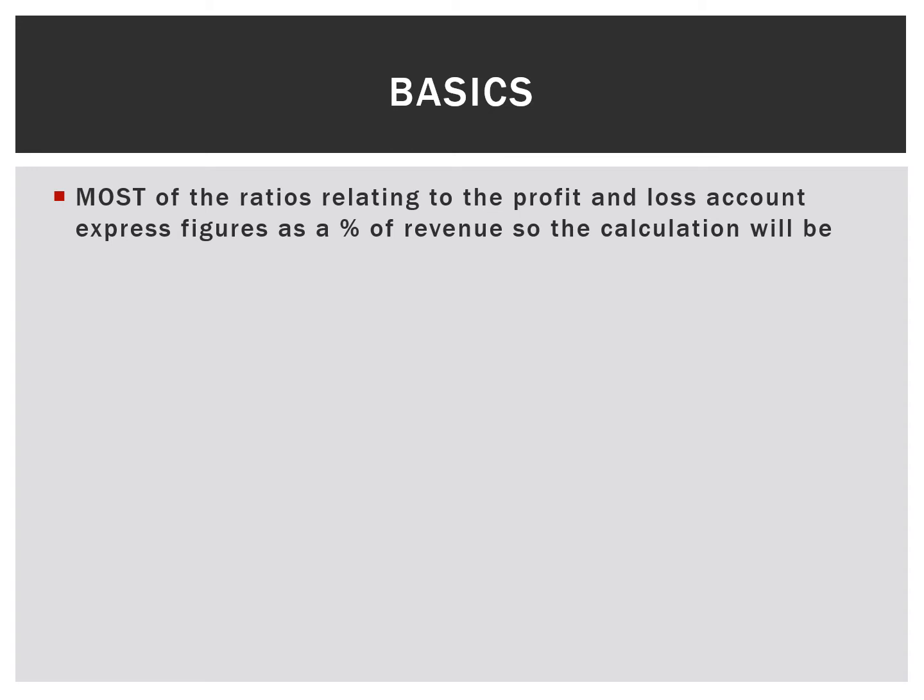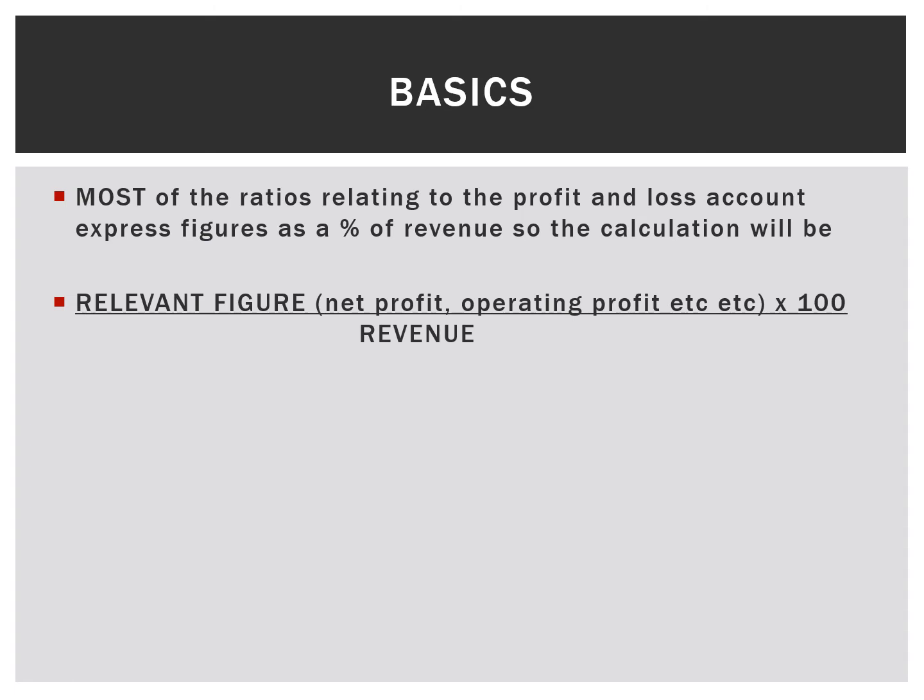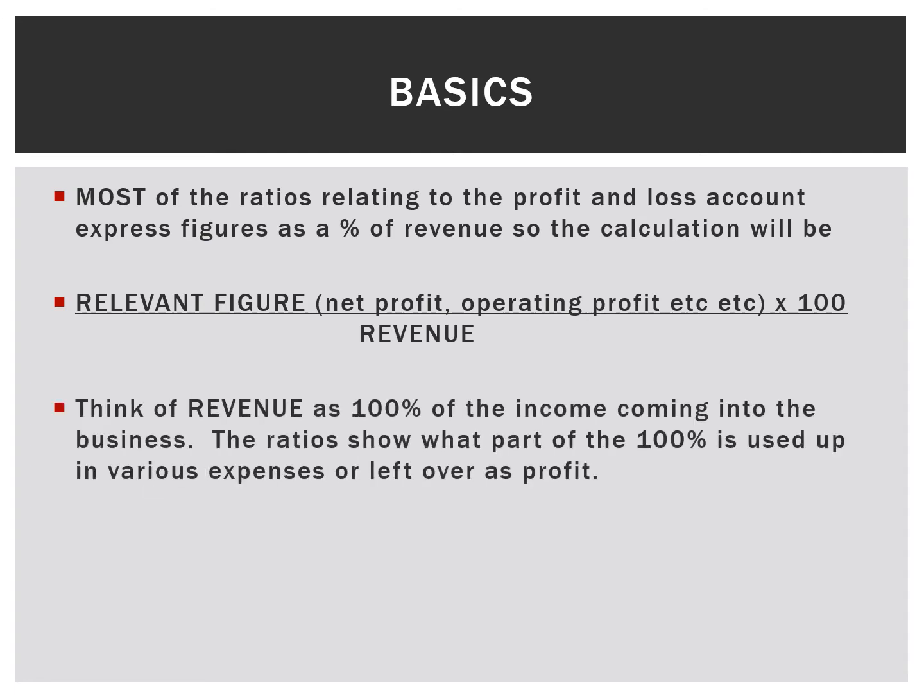So whether it's the gross profit or the net profit or admin expenses, the calculation will always be the same. It's that particular figure from the profit and loss account times 100 divided by the revenue figure.